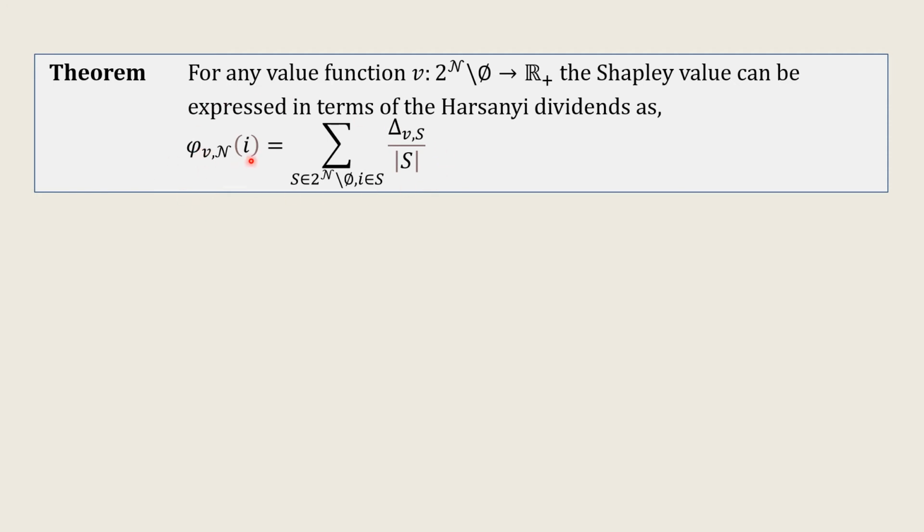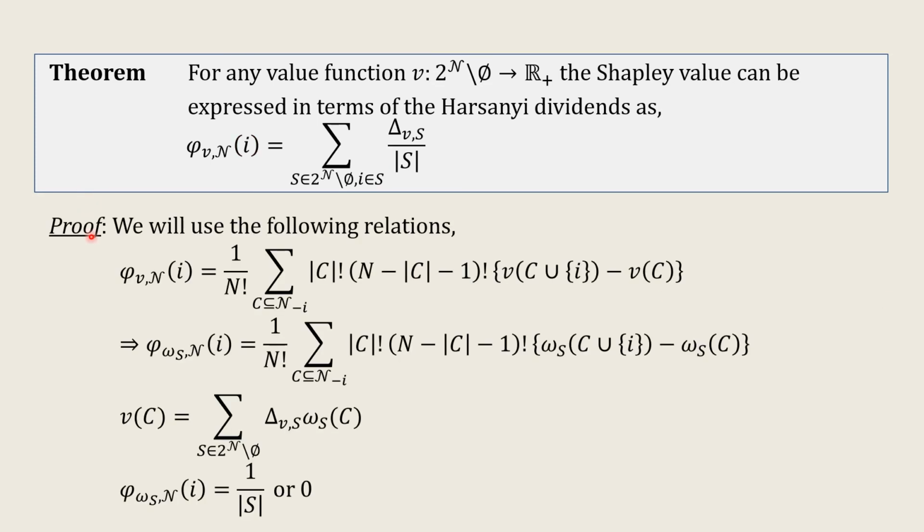So the Shapley value of any agent I is equal to the summation of delta divided by the size of S. Now the summation, note that it's carried out over all subsets S that include agent I as a member. This is the agent I. This and this, neither of them are directly related to I. So the summation here is carried out over all subsets that include agent I.